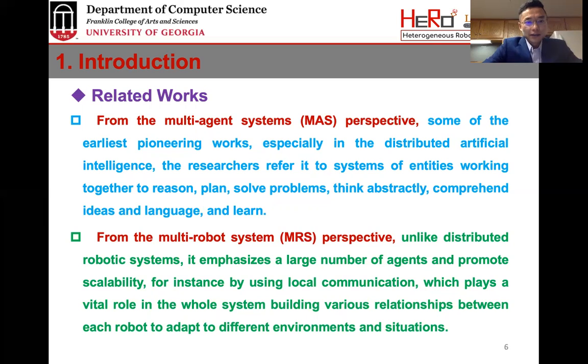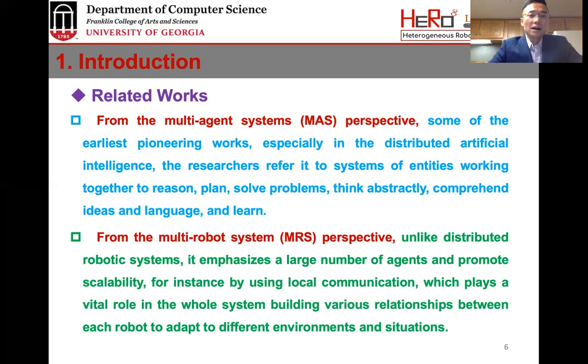Some of the earliest pioneering works, especially in distributed artificial intelligence, the researchers define it as a system of entities working together to reason, plan, solve problems, think abstractly, comprehend ideas and language, and learn. This is DAI, distributed artificial intelligence.